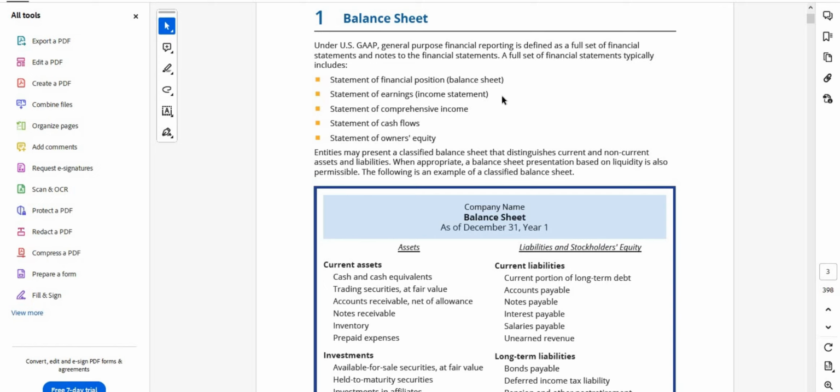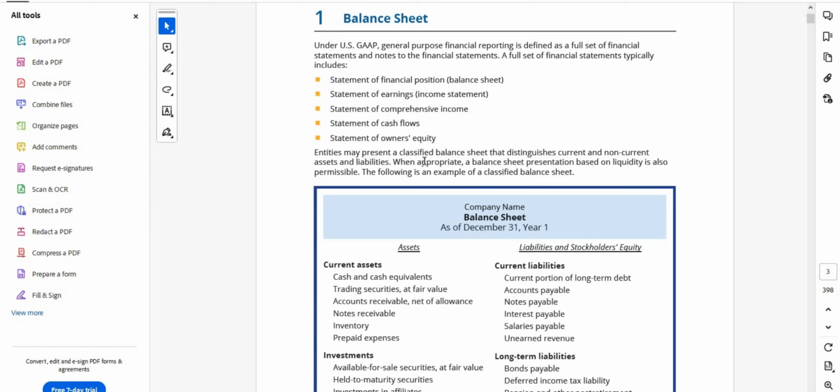In India we say profit and loss, but in USA they say statement of earnings or income statement. And we have the statement of comprehensive income. Comprehensive income is those incomes which are not to be recorded now in profit and loss. Then we have the statement of cash flows, then the statement of owner's equity.